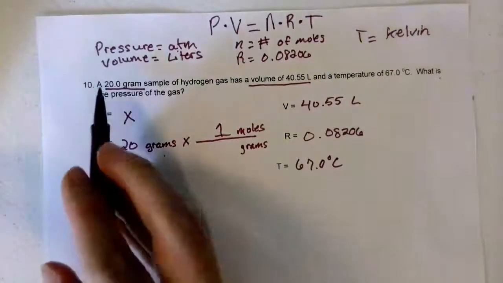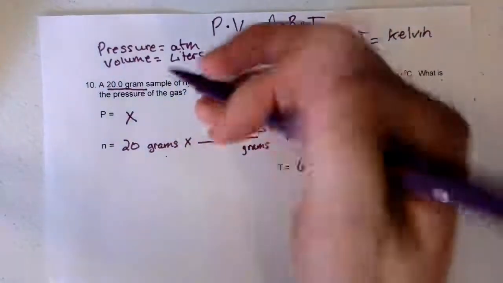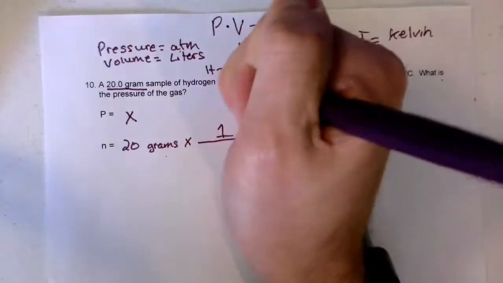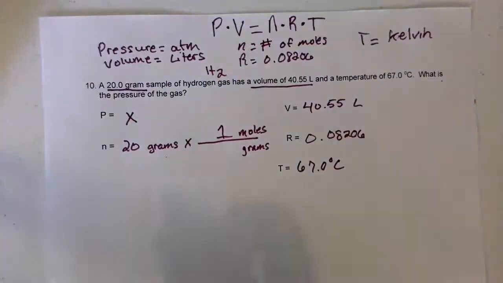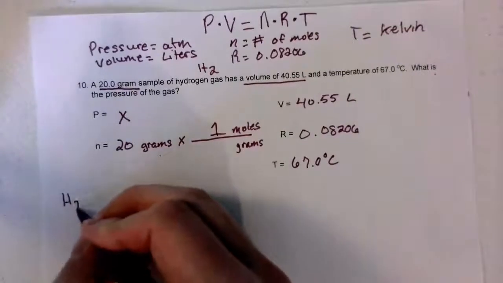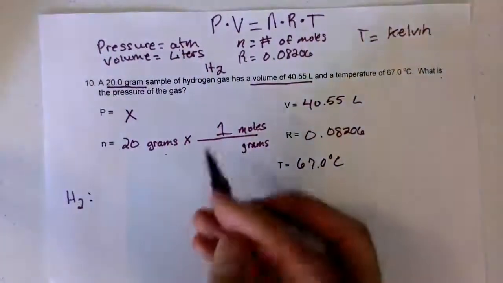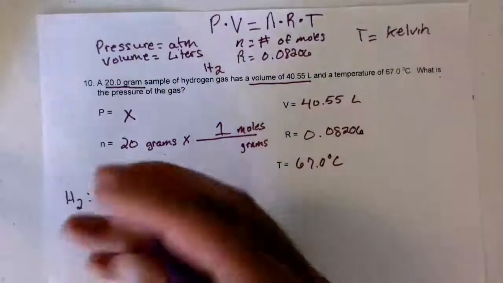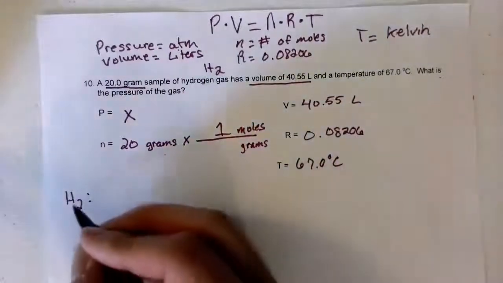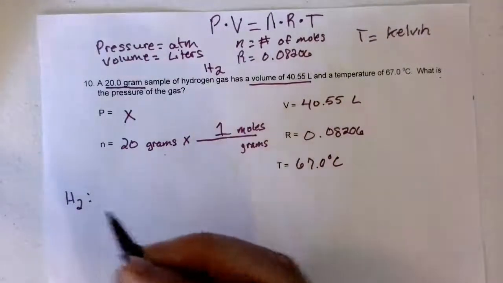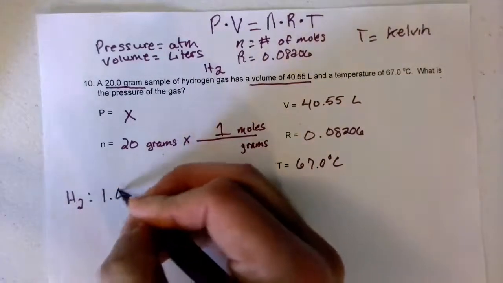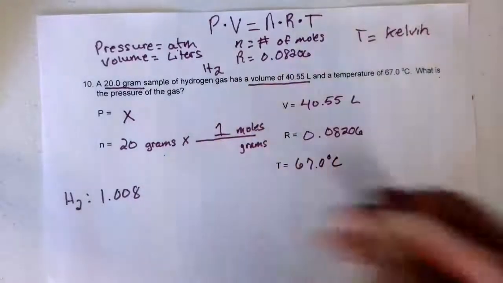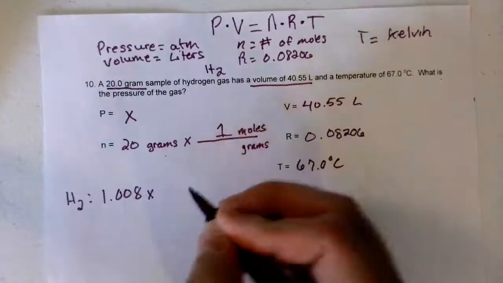Alright, and it says a 20 gram sample of hydrogen gas. The chemical formula for hydrogen gas is actually H2. So to find the molar mass for H2, the number that's going to go here, what you're going to divide by, you're going to take the number for just one hydrogen from the periodic table, and it's 1.008, and I rounded that, and you're going to multiply it by how many there are.